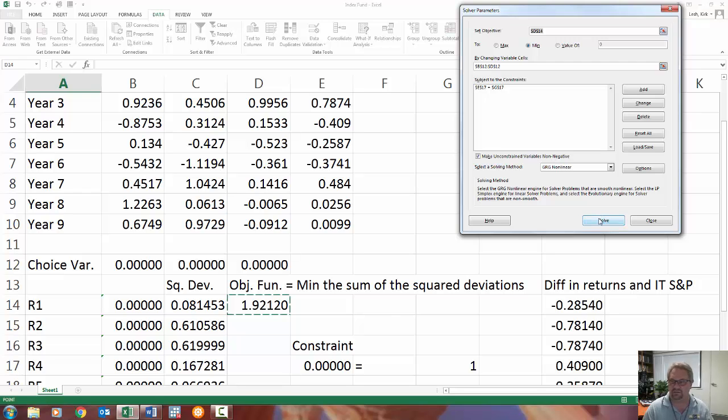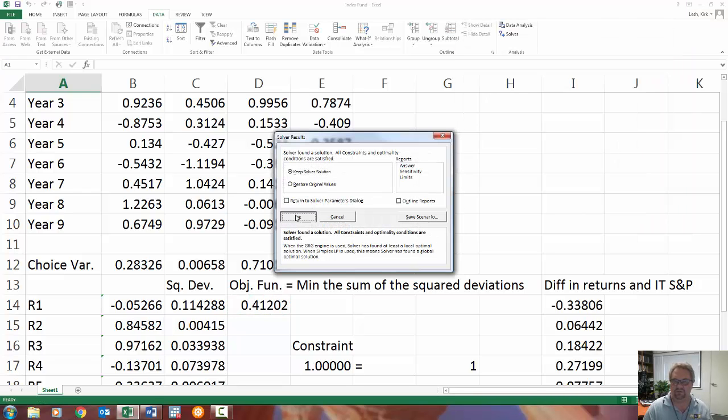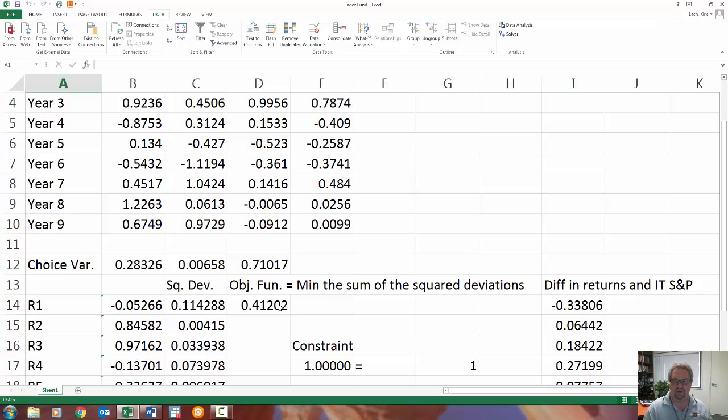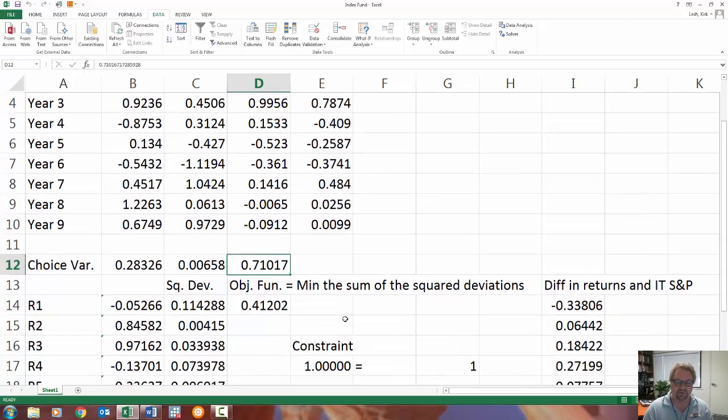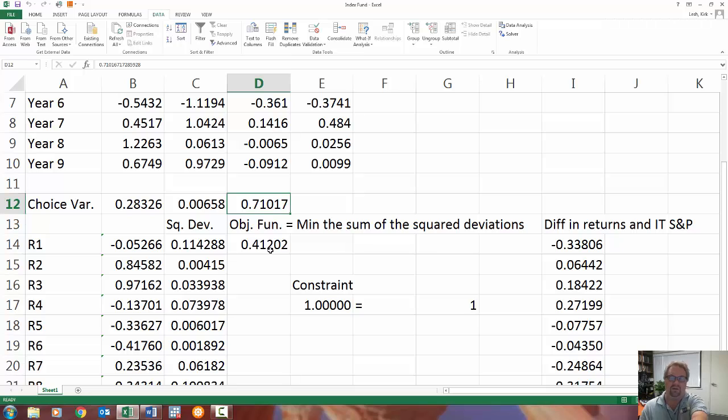Non-linear, check. Solve. And there you go. So what we're going to do is we're going to invest 28% in Apple, about 1% in AMD, and then about 71% in Oracle. And if we do that, the min of our sum squared deviation is going to be 0.41.